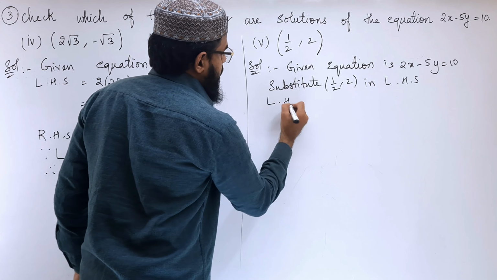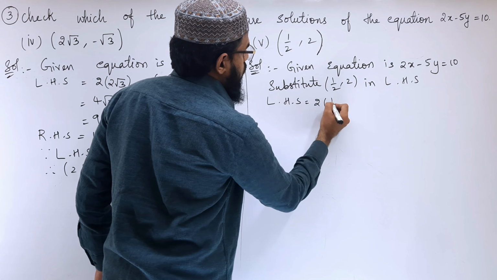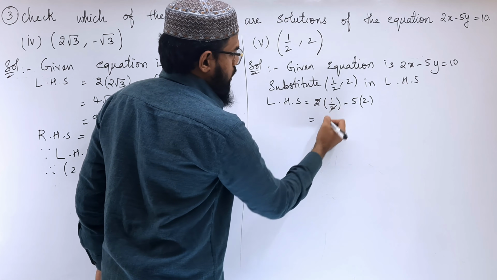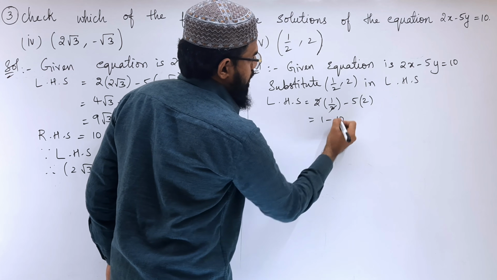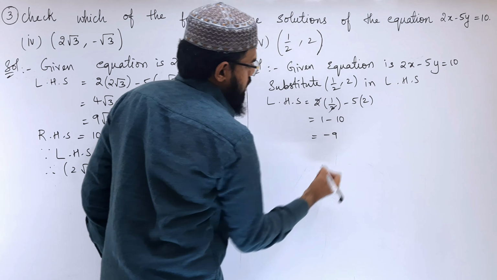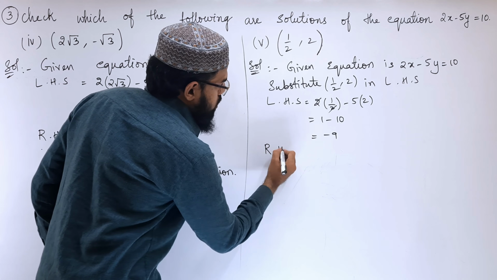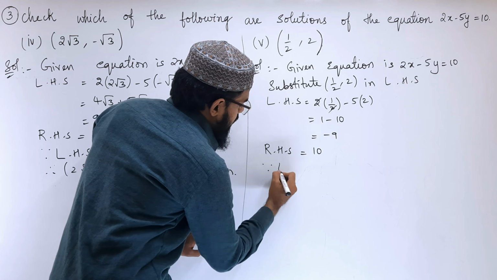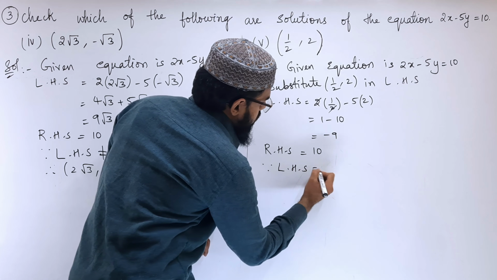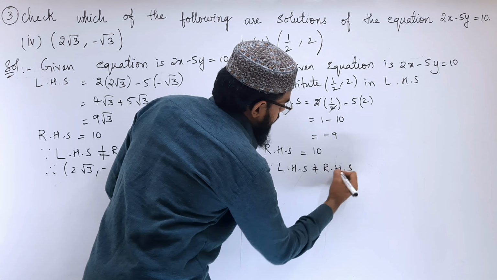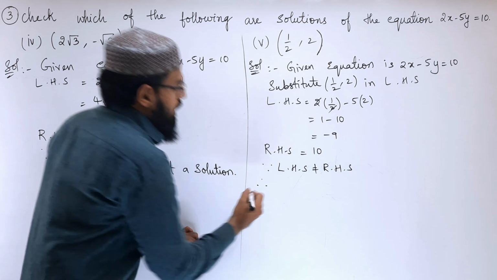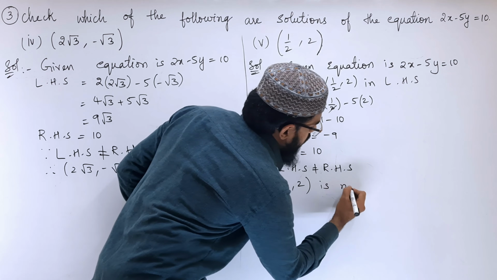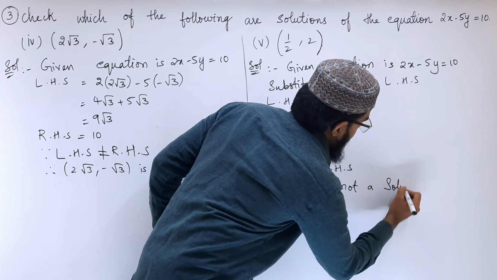So LHS will be equal to 2 into 1/2 minus 5 into 2. So 2 cancels, 1, minus 5 2s are 10. So 1 minus 10 is minus 9. And RHS is 10. So since LHS is not equal to RHS, therefore we can say that (1/2, 2) is not a solution.